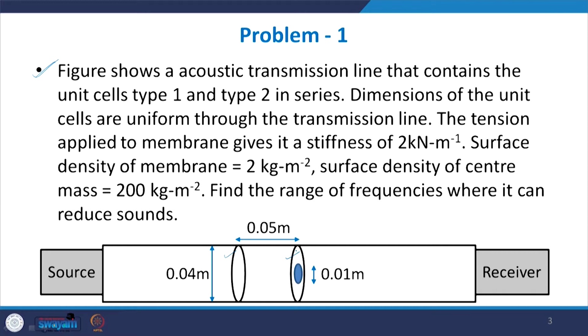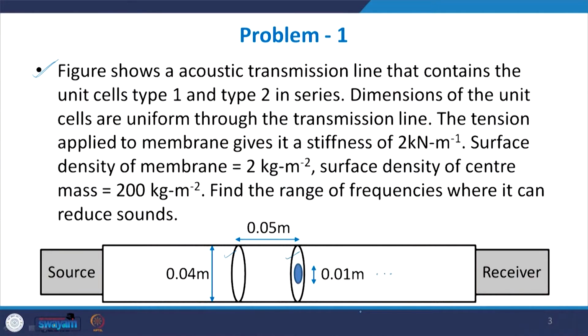So, this is like a continuation: unit cell 1, unit cell 2, then unit cell 1, then another unit cell 2. Alternately these two types of unit cells are connected together into a long acoustic transmission line or an acoustic waveguide.